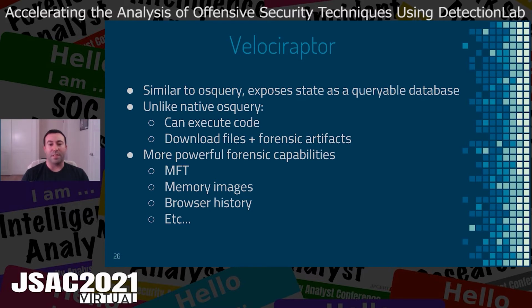However, some of the biggest differences between Velociraptor and OSQuery are that Velociraptor can execute code on systems and has very powerful built-in forensics capabilities, such as the ability to parse the MFT, pull memory, do file system timelining, etc. I don't even think I'm scratching the surface of what's possible with Velociraptor on this slide, but I've been really impressed with it, and I encourage you to check out their GitHub page and website.